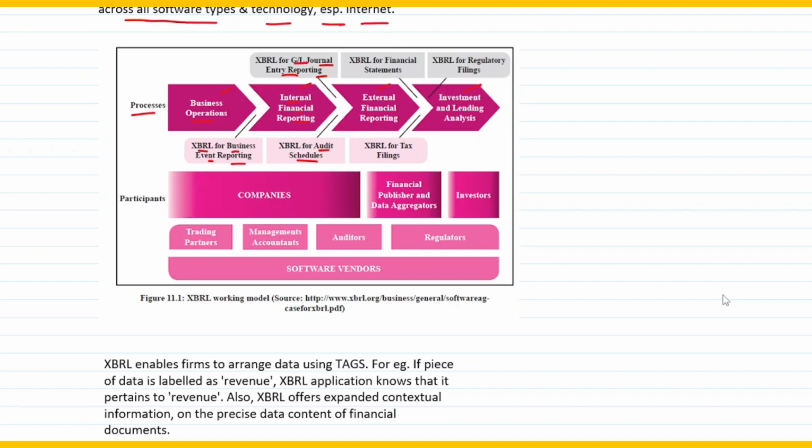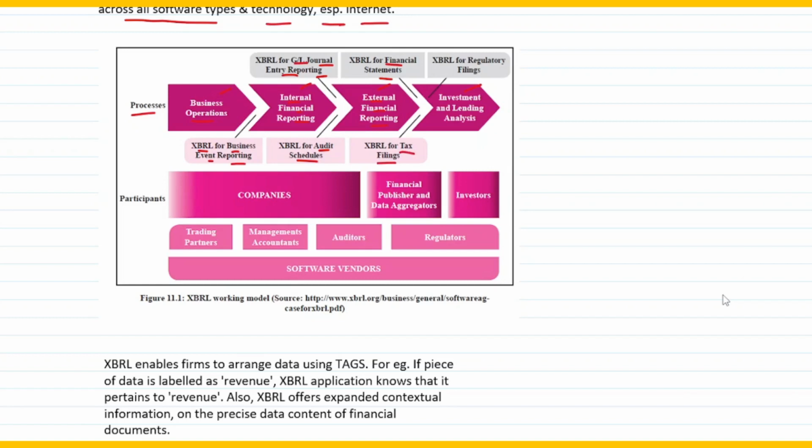For internal financial reporting, it can be used for GL journal entry reporting or audit schedules, right? Then we talk about external financial reporting. How exactly can XBRL be used for it? It can be used for financial statements, that is your trading profit and loss account, balance sheet and all. It can also be used for tax filings, right?